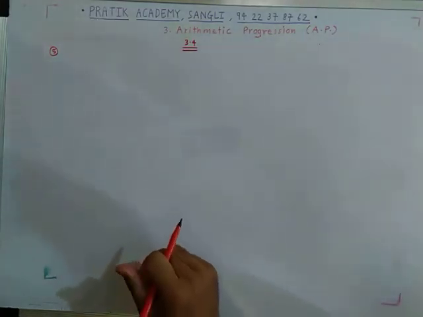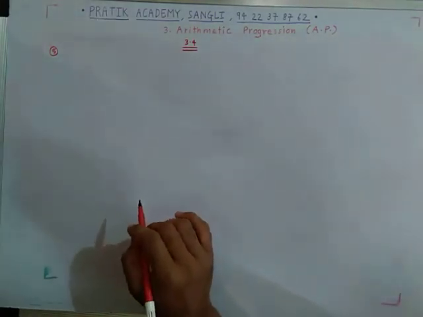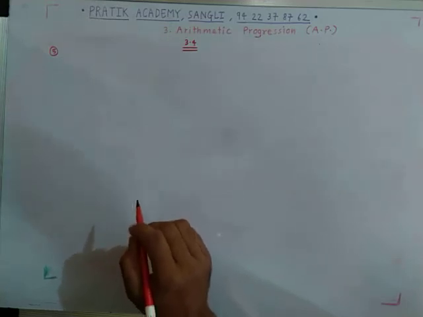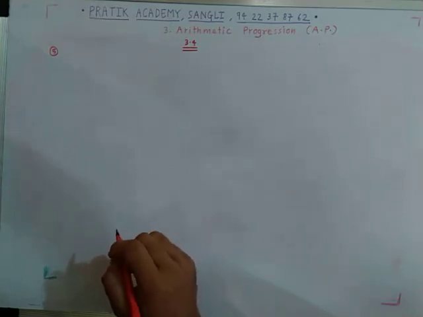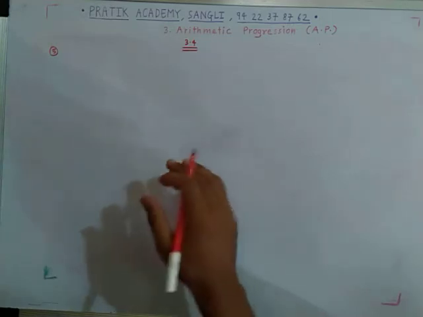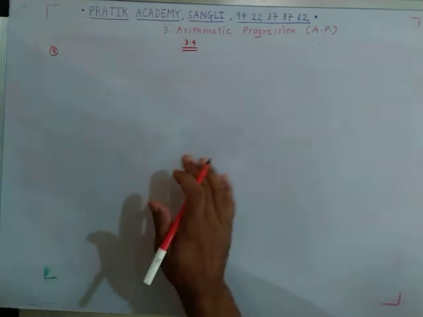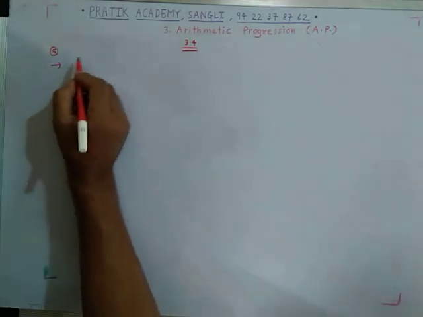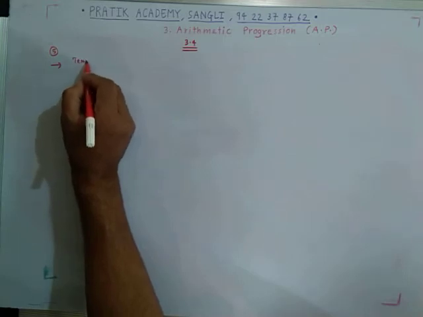In the statement of the problem it is mentioned that the temperature readings were in AP. So they have already given us that the given data is in AP. So let's write the given data.